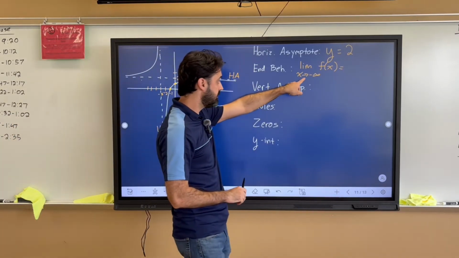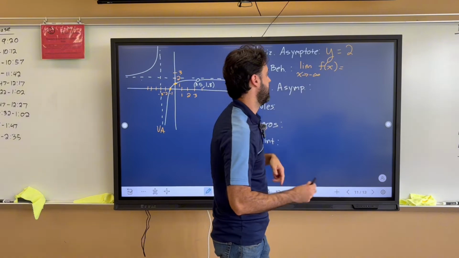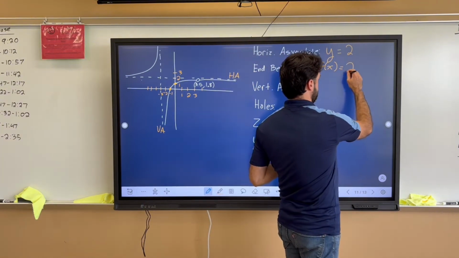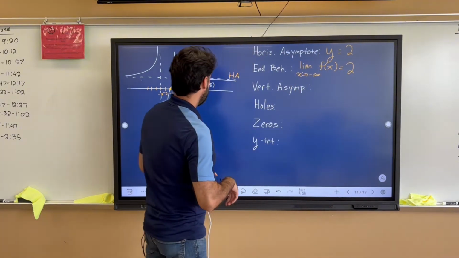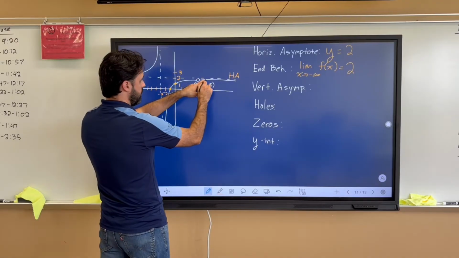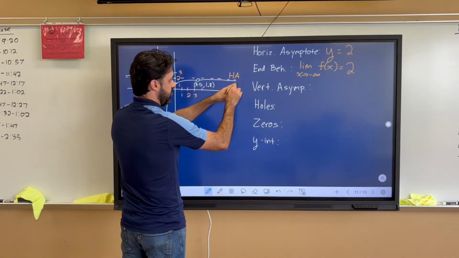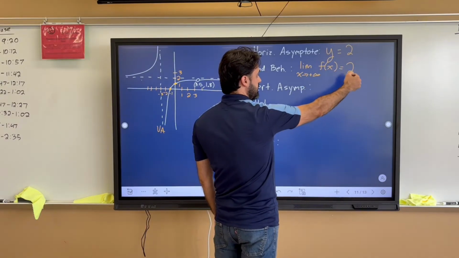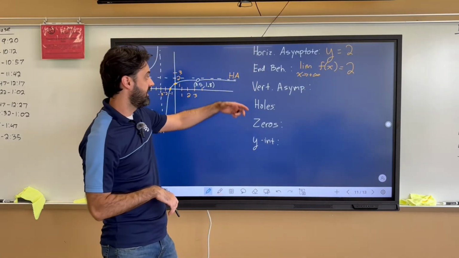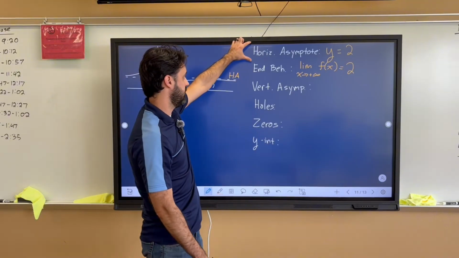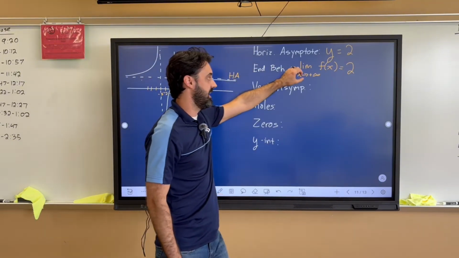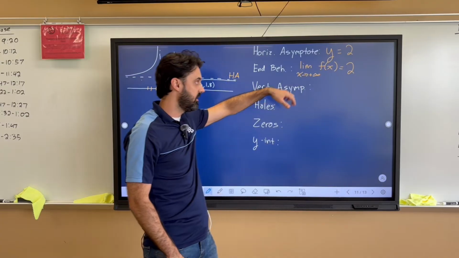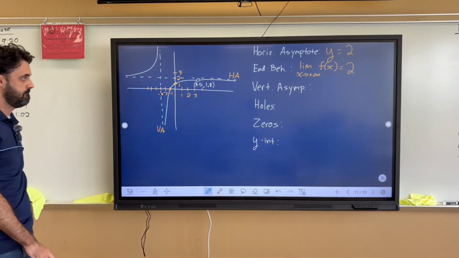So as we move left forever, the f of x or the y values are also approaching 2. Even as we move right forever, the y values are getting closer to that horizontal asymptote at 2. So if that was a positive infinity, this would still be a 2 here. All right, in other words, if there's a horizontal asymptote, that's what our end behavior is going to end up equaling here.